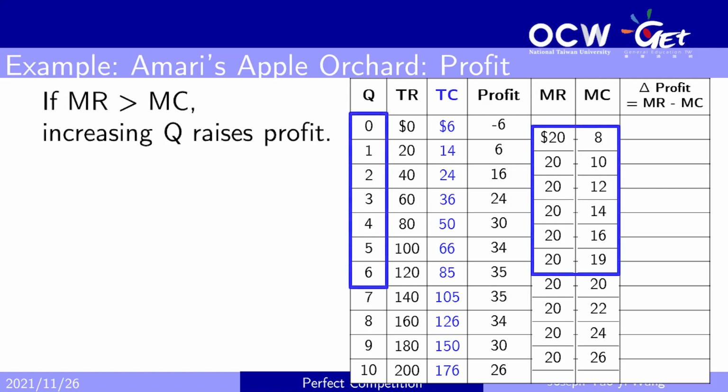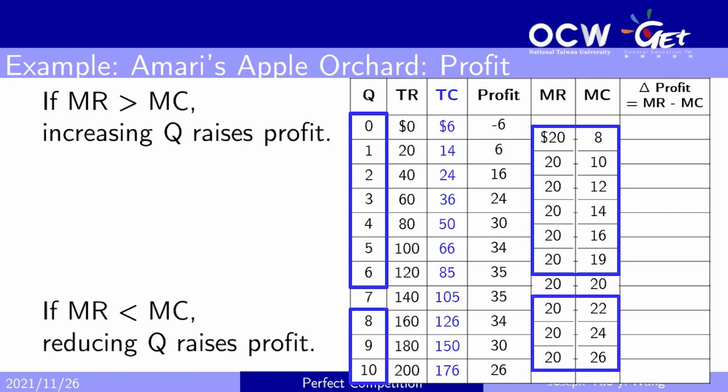And so what you get here is that when marginal revenue is greater than marginal cost, that's the quantity from 0 up to 6, increasing quantity increases profit. But when you go from 8 to 10, where marginal revenue is smaller than marginal cost, then reducing the quantity would actually raise your profit.